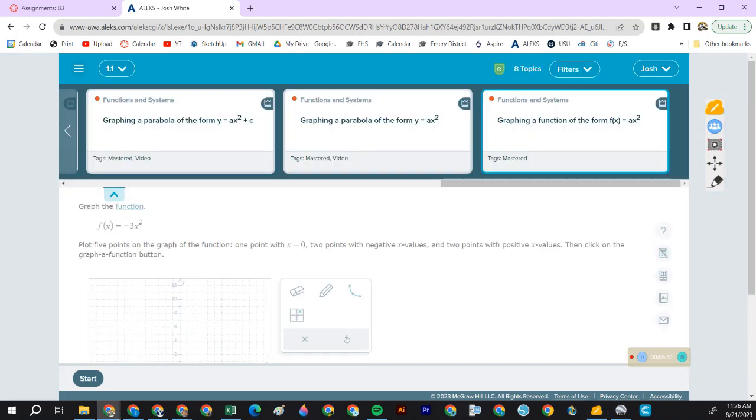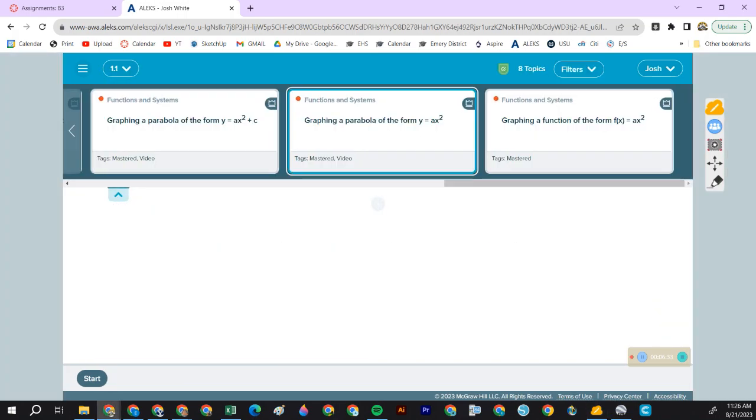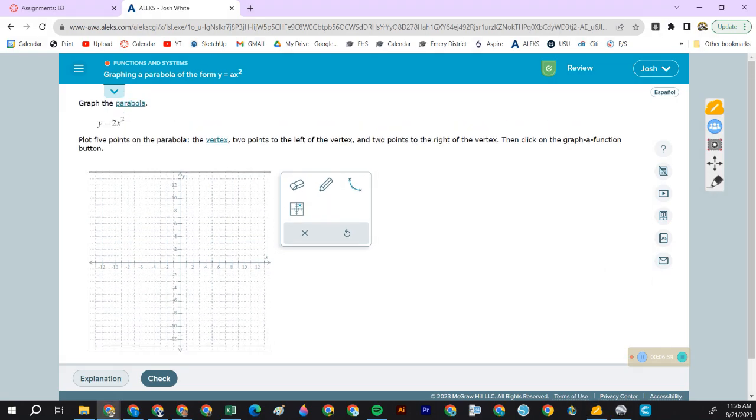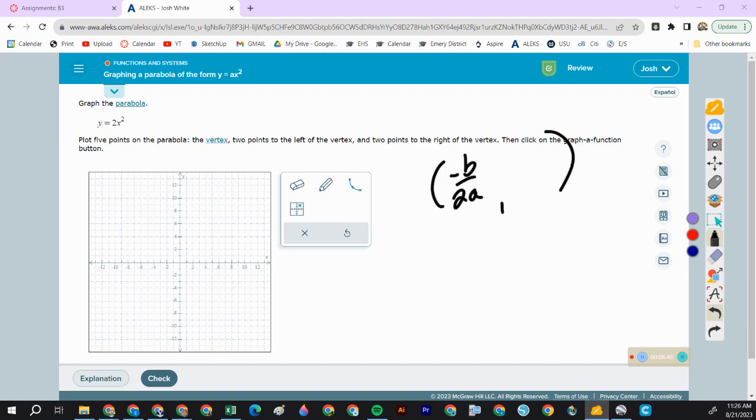So let's do another one. My quadratic is 2x squared. So negative b over 2a. What is b in this case? 0.